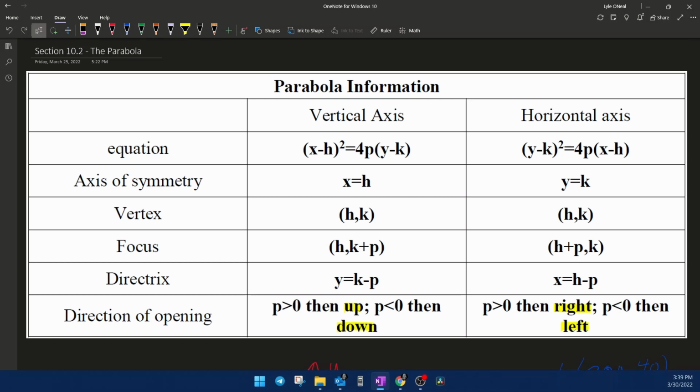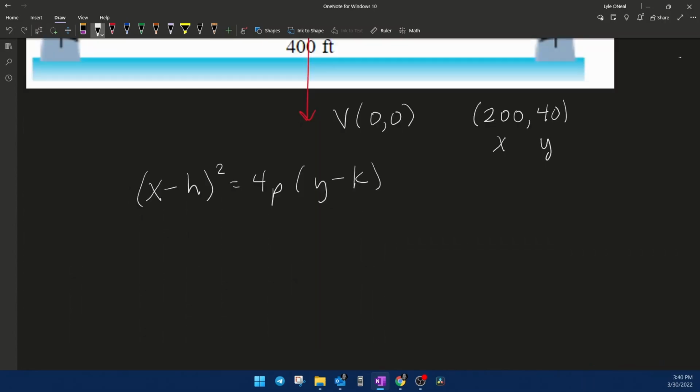So if I scroll up here and look at my parabola information, this is going to have a vertical axis of symmetry. Notice that the cables represent a parabola that opens up. And then I'm going to copy down the standard form of the equation of this parabola. So with my standard form written down, we know that the vertex of any parabola is (h, k).